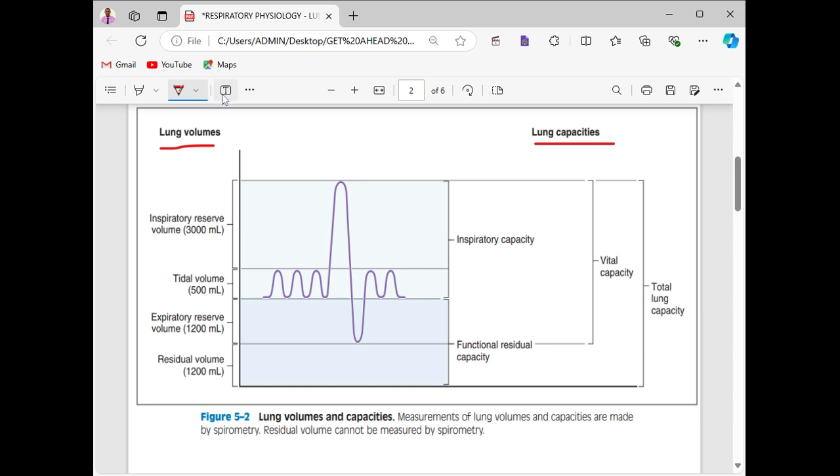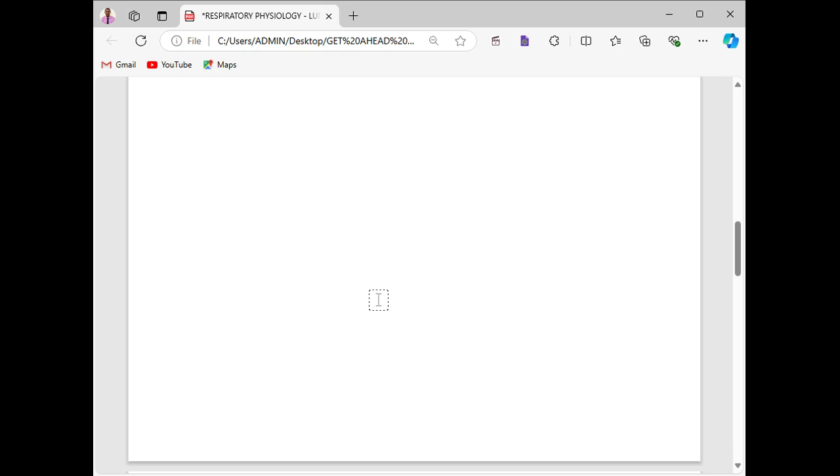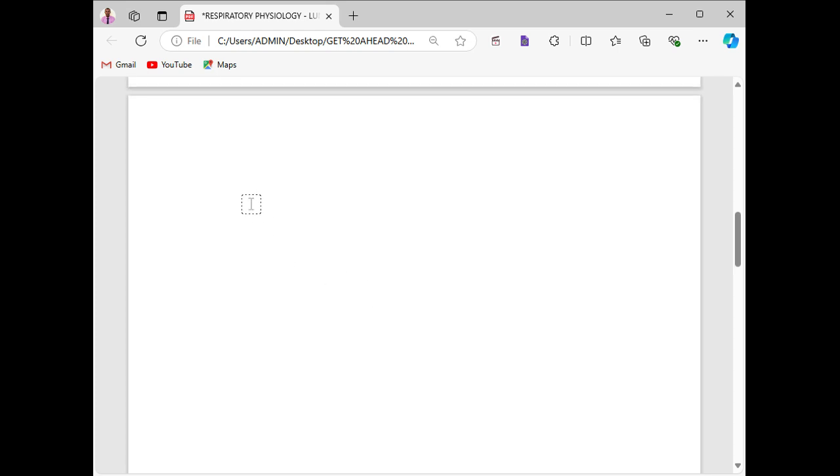Let's see how we can remember this. I will just use this blank page for illustration purposes.